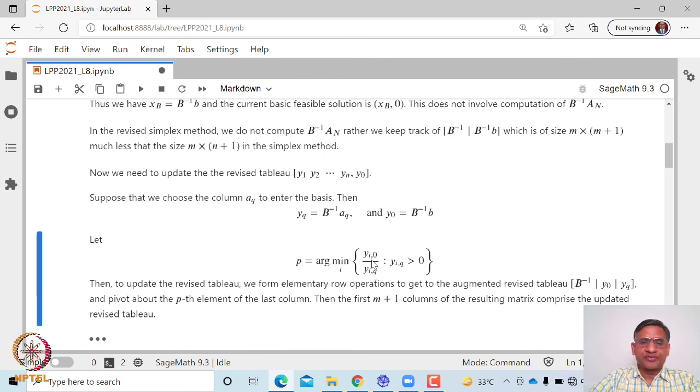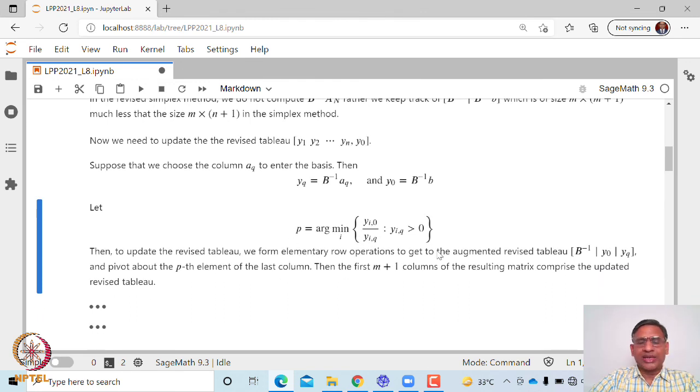This again we have seen, and we look at the index at which this minimum occurs. Suppose P is the argument at which this minimum occurs, then the PQ entry is going to be the pivot entry. So we have to pivot on the last column, that is YQ.